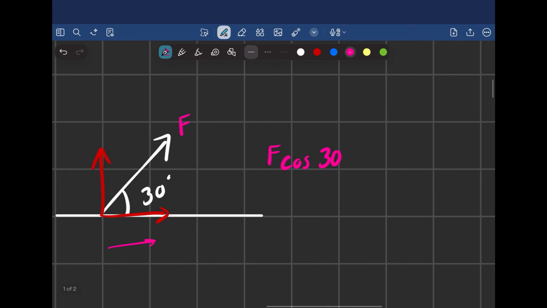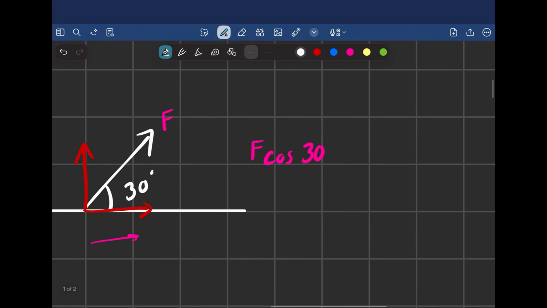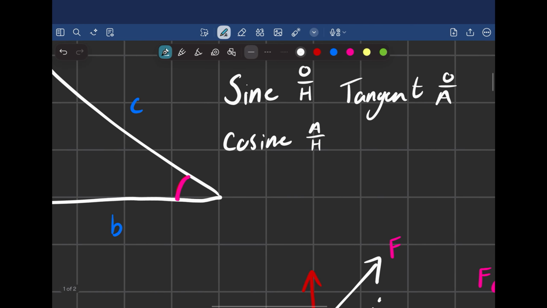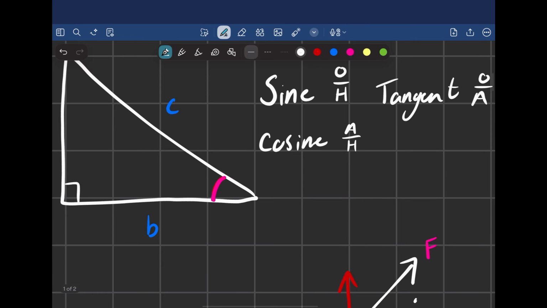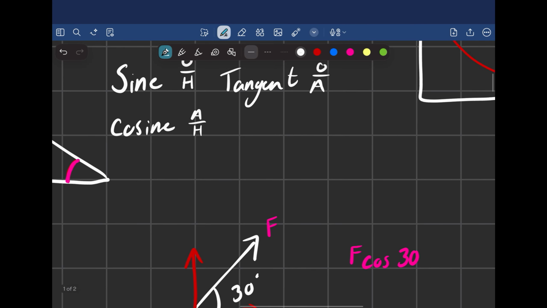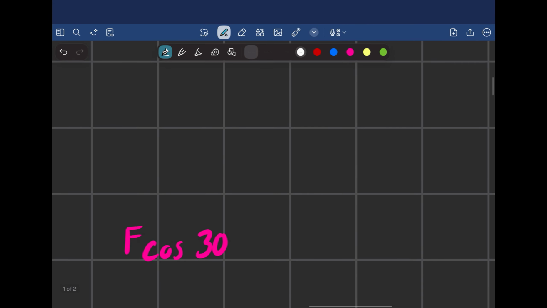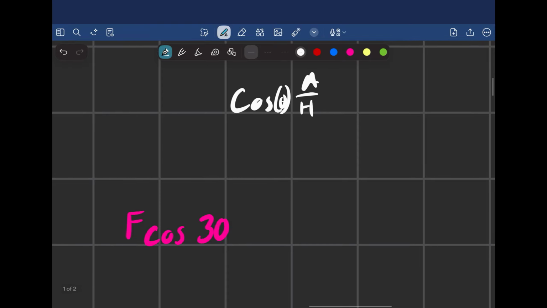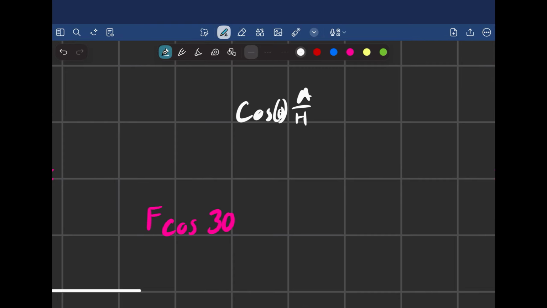And what does that look like? Well, if this F is the hypotenuse and cosine's the angle, and we're looking for how much it goes to the right, so the side that's touching the angle, if we go back to cosine, it's adjacent over the hypotenuse. And so cosine is the adjacent over hypotenuse. This is the angle. So we have an angle of 30. We want to find out what is this adjacent number.